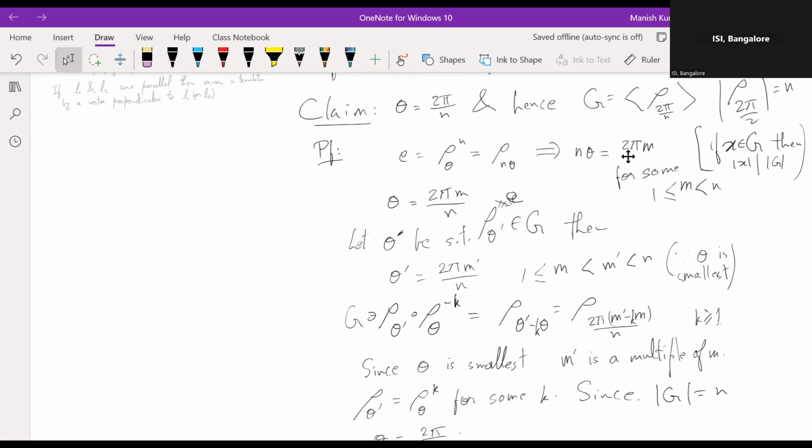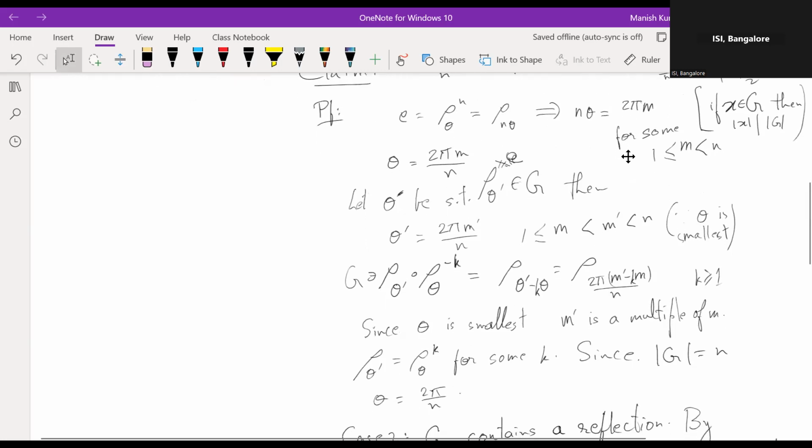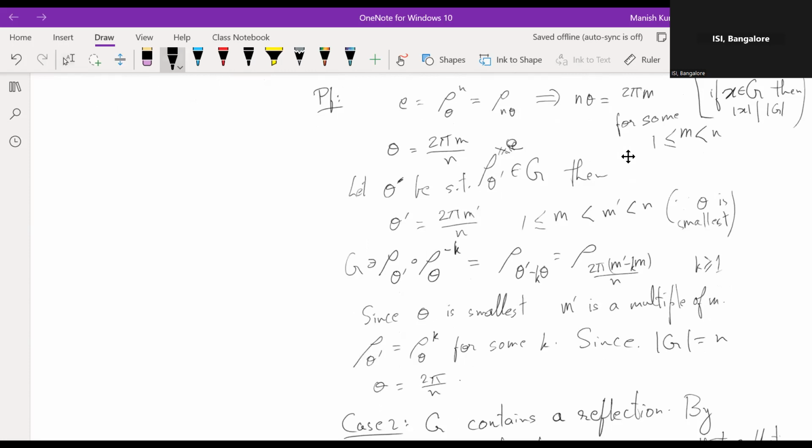Is this argument okay? So that tells you that rho theta prime is just rho theta to the power k. Rho theta prime is a power of rho theta.